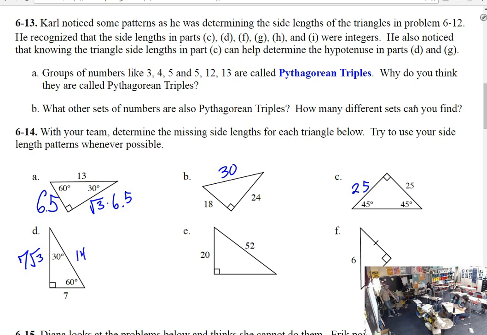And what about in E? Does that seem to be a dilation of any of our triples? You could have dilated from the 4, right? And then it would be times what? If we go from 4, it'd be times 5, right? Would that hold true 5 times? No, so that doesn't work. I don't think it works with any of ours. 5, 12, 13?